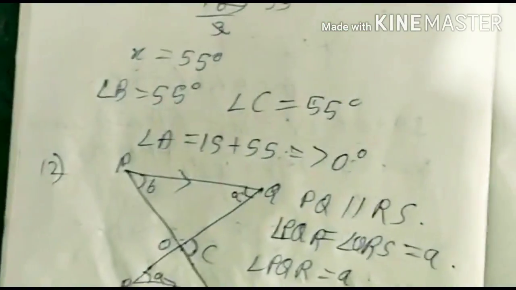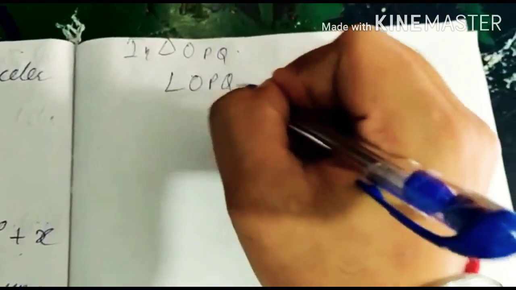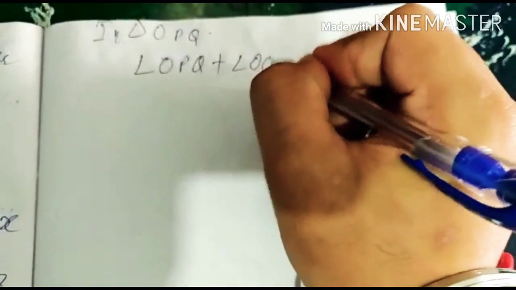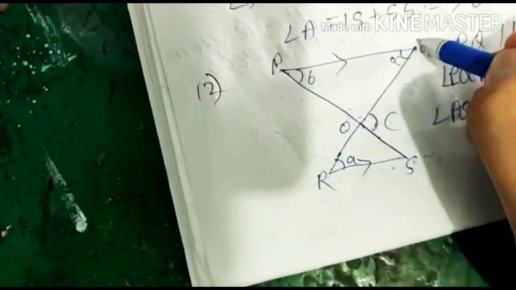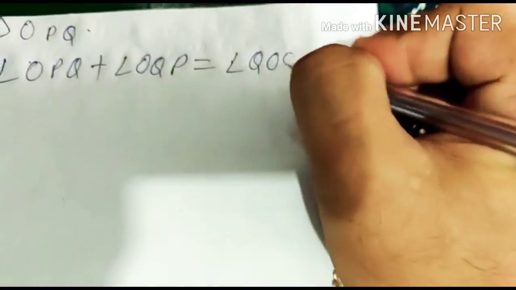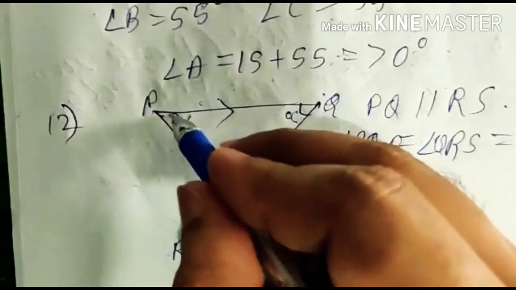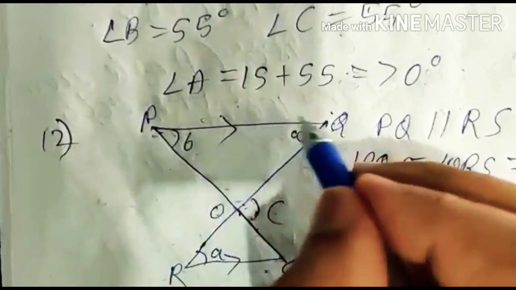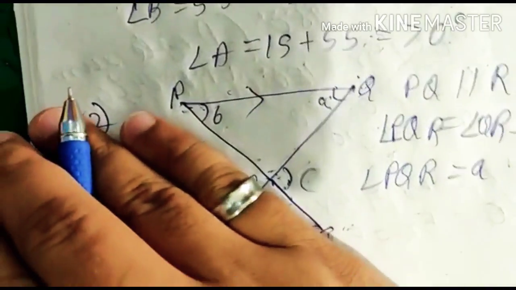So angle OPQ plus angle OQP is equal to angle QOS. Look, this is the exterior angle.